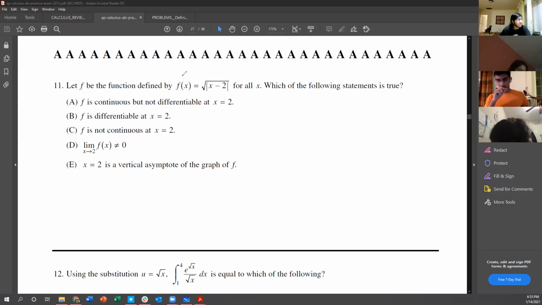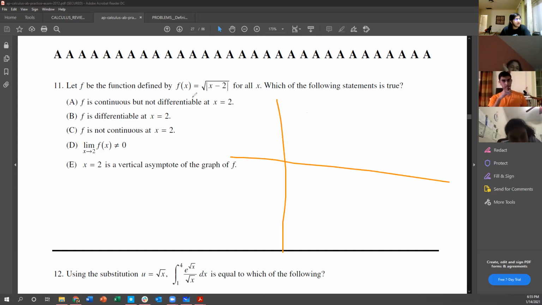F is the function. It's some sort of square root of an absolute value. It's asking about continuity and differentiability. When we think about the square root, if this was a normal square root of x minus 2, forget about the absolute value, it would probably look something like this, correct?